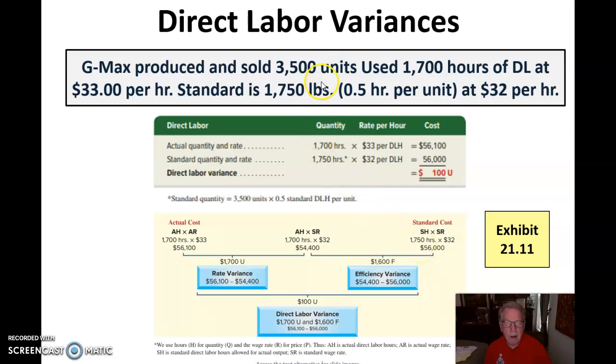This is incorrect here. That should be 1,750 hours times $32 per hour. And that gives me $56,000 at standard. So if I look at this little beauty, in total, I'm $100 unfavorable. So I'll put that in right away. And that's the direct labor variance.